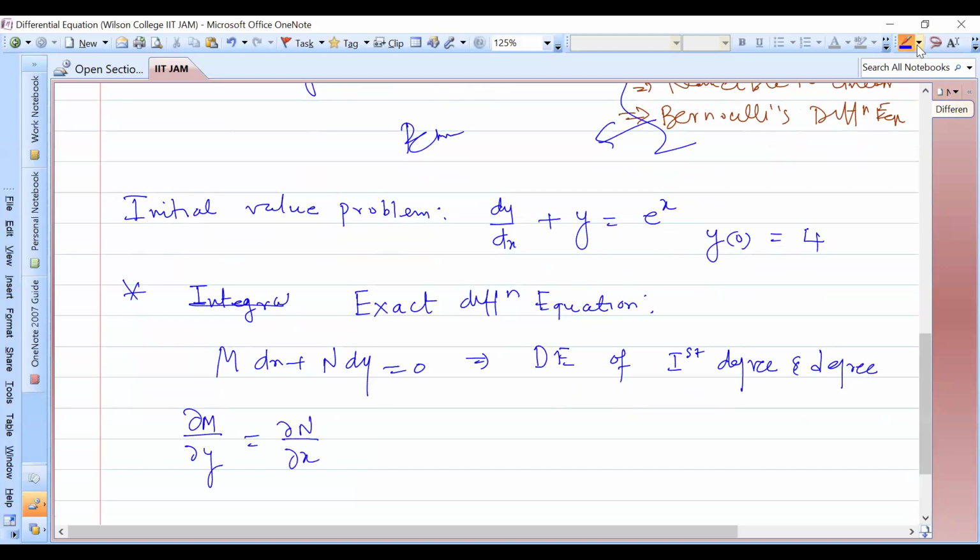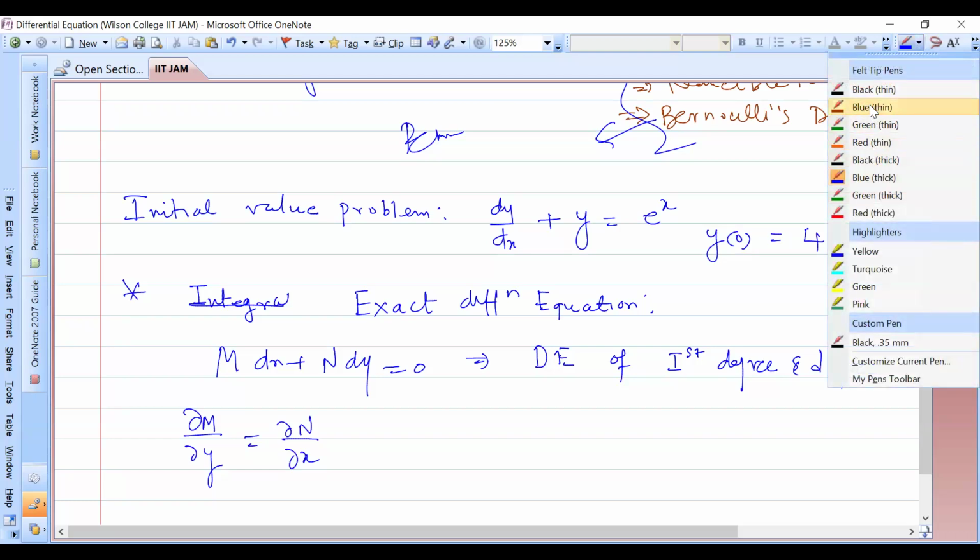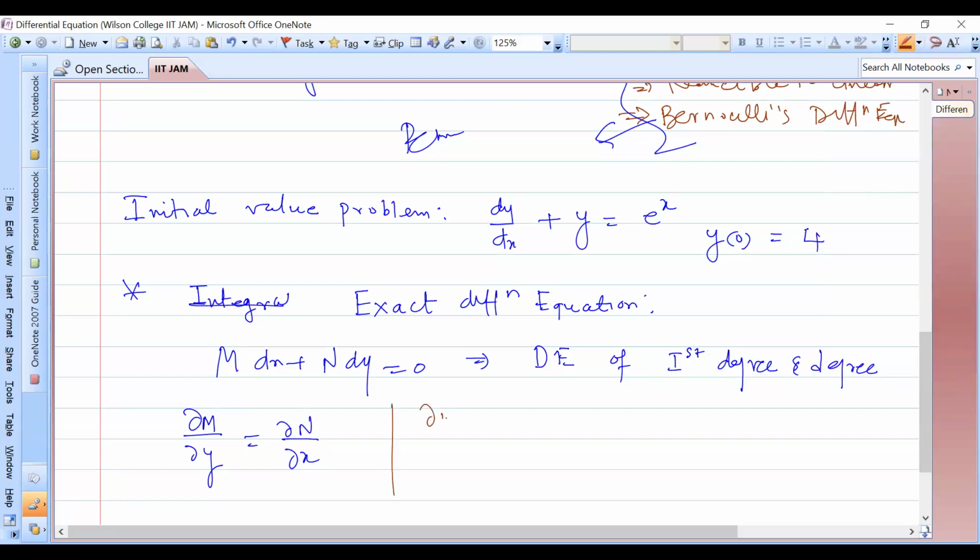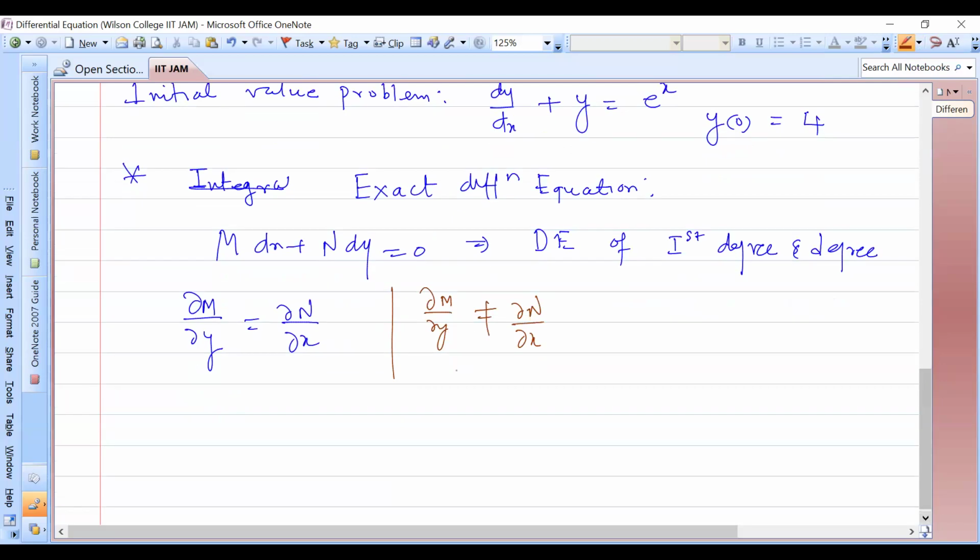Suppose del M upon del y does not equal del N upon del x, so what happens? We have to multiply it by an integrating factor. What are the rules of the integrating factor? Sir, it depends upon the function and our differential equation.